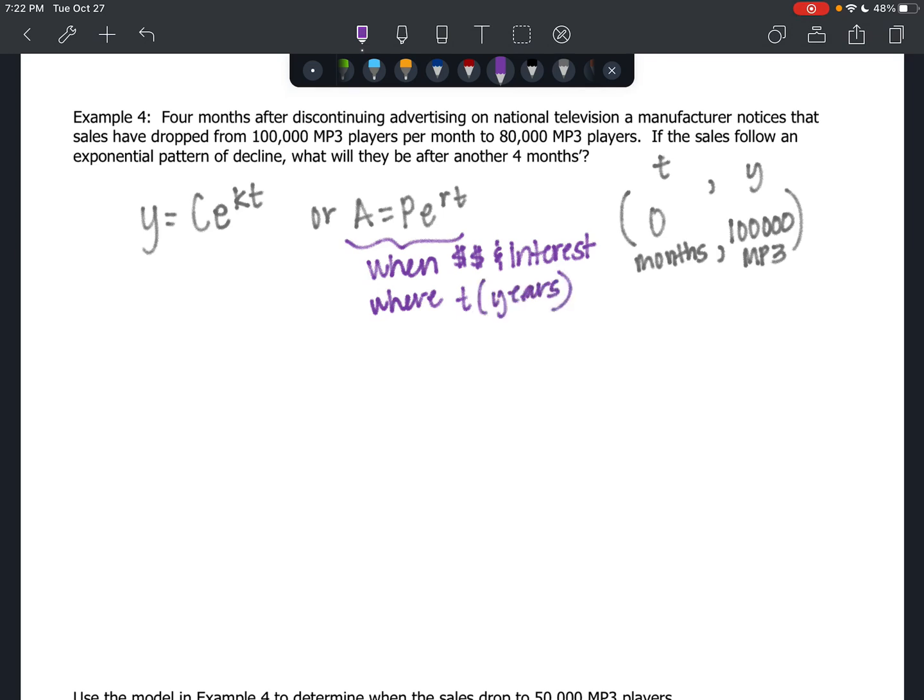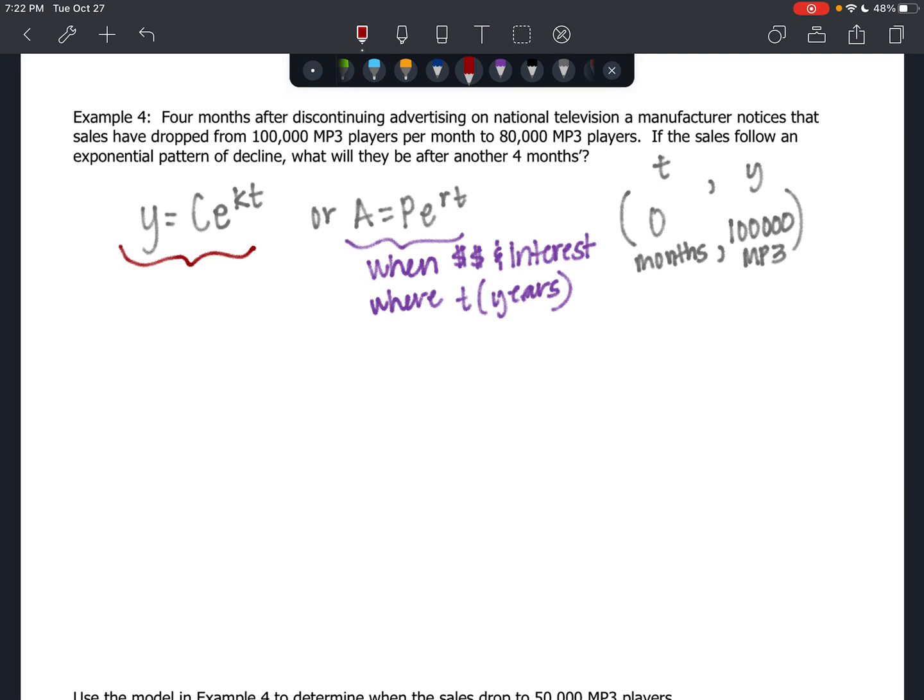However, our input is months, our output is the number of MP3 players that we're selling. So we're not talking about earning interest here, so I'm going to revert to this form of the formula, which is the same formula.